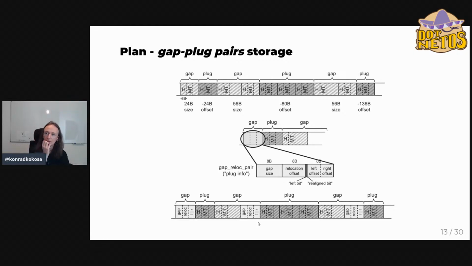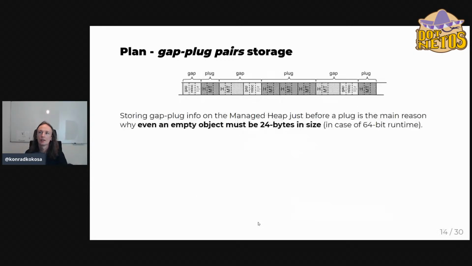So that's totally fine. This is also one of the reasons why the minimum size of an object is 24 bytes, because we need to have this space for every plug. If an object could be smaller, then it would form a plug, and then it would form a gap, followed by a plug, but if it were smaller than 24 bytes, we would not have a place for the plug info. So we need the object size to be no smaller than the plug info size, which is 24 bytes.